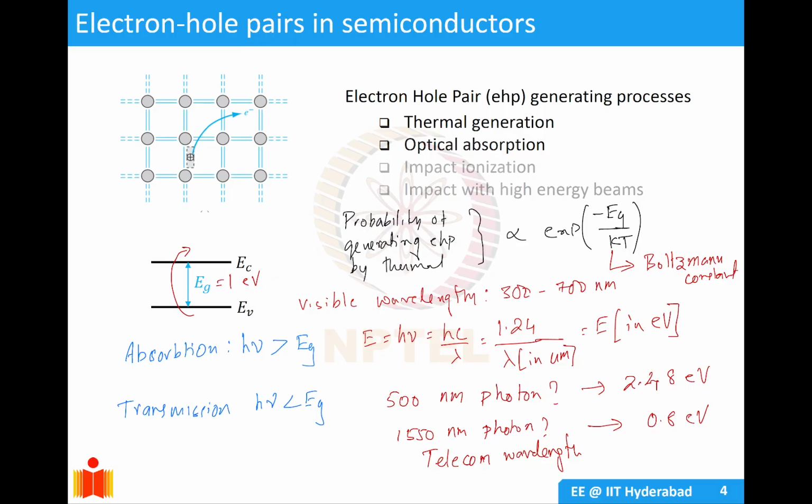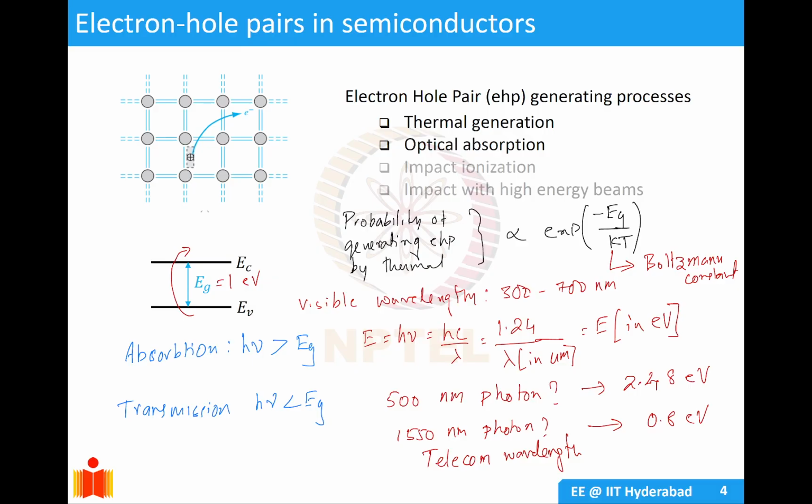Then there is optical absorption, where the electrons absorb energy from light and make the transition to the conduction band. Then there are other methods such as impact ionization and impact with high energy beams.